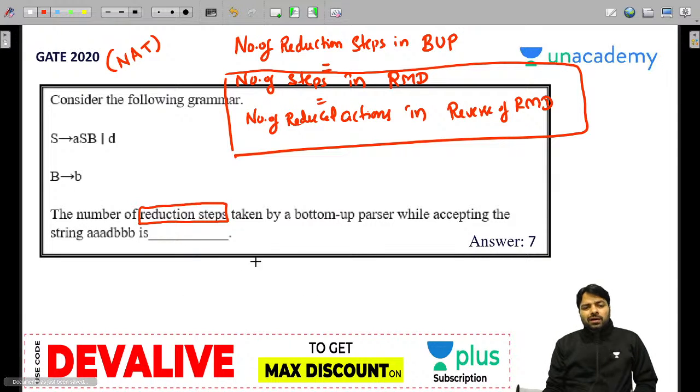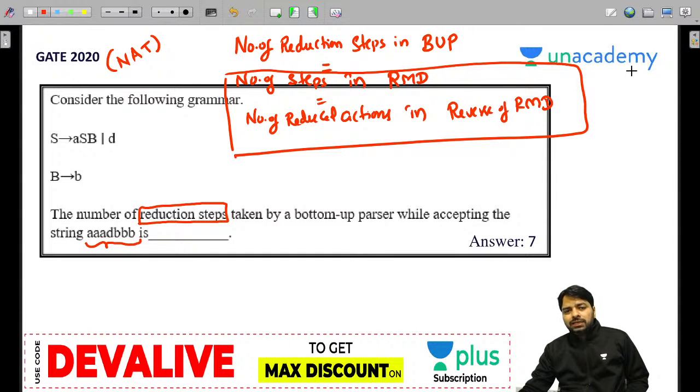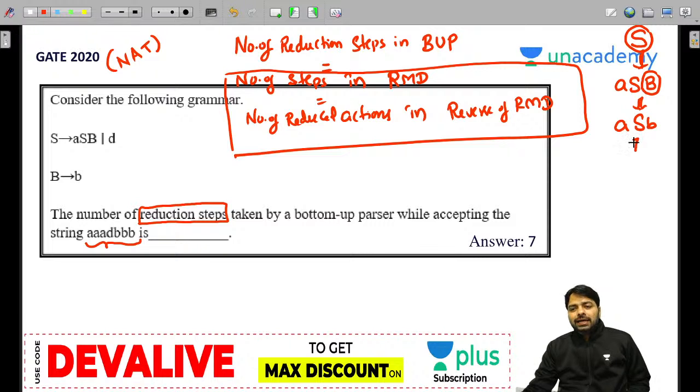Now please tell me, you have triple A, D, triple B. Tell me guys, how many steps do you take in RMD? I'm starting here. Okay, I will start from here. S, I'm doing RMD, remember, ASB. The B, what do I do? I will substitute it with small b. And then S has 1A, 1B is over.